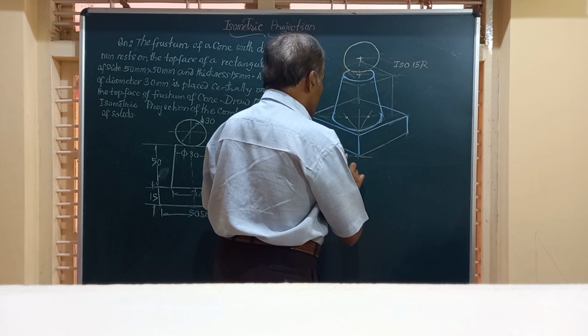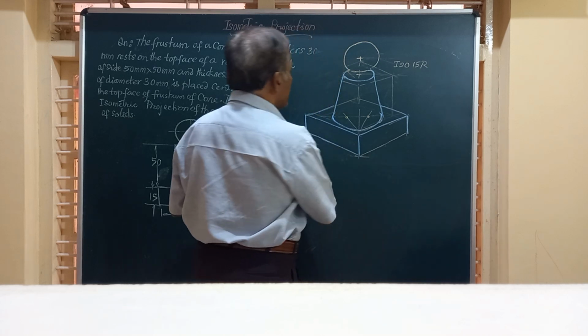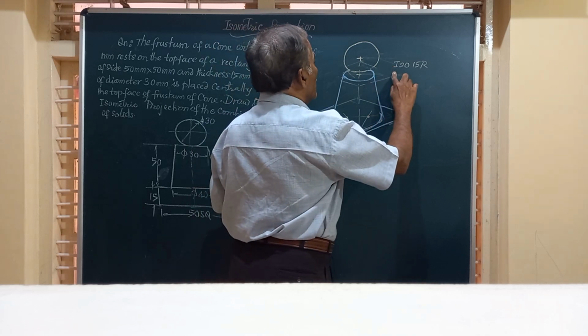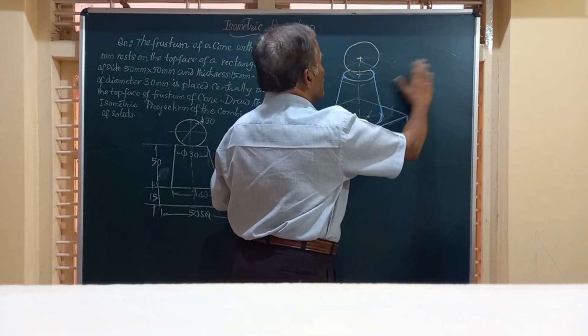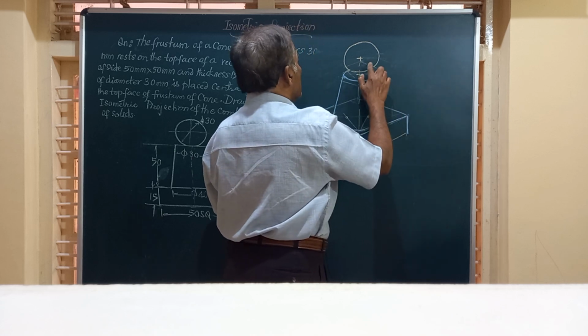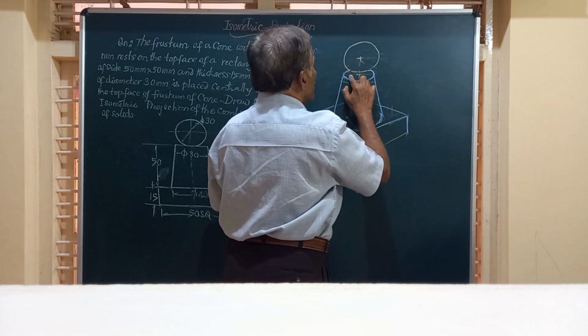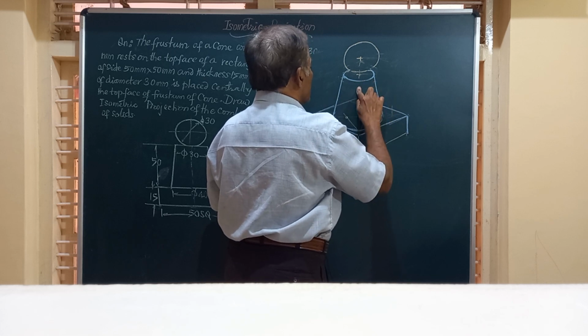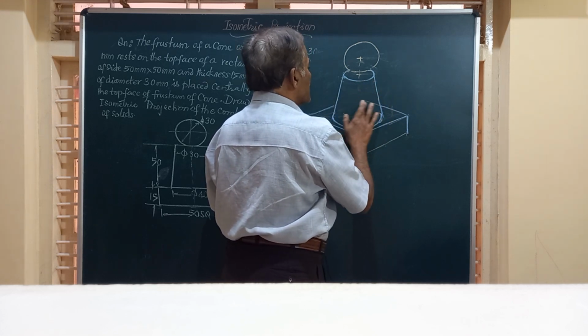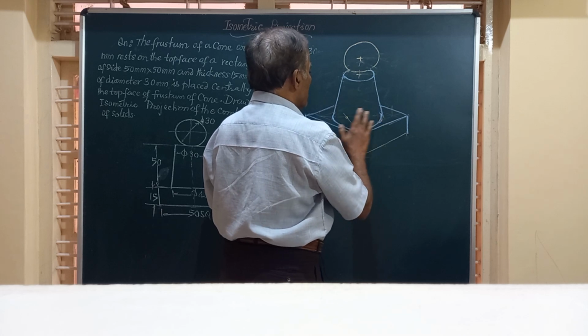So friends, you can simply have this portion retained like this. Remove all these unwanted construction lines, remove this line, this is a construction line. This portion of the top is not visible.